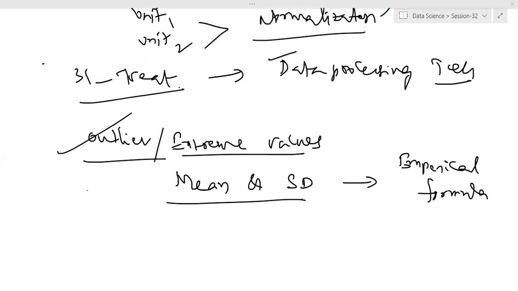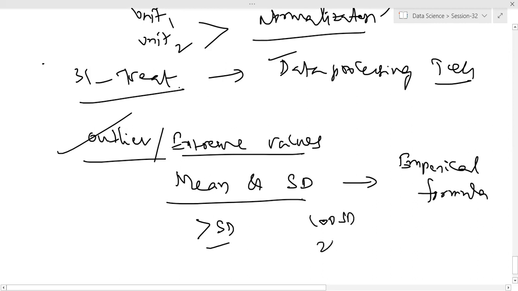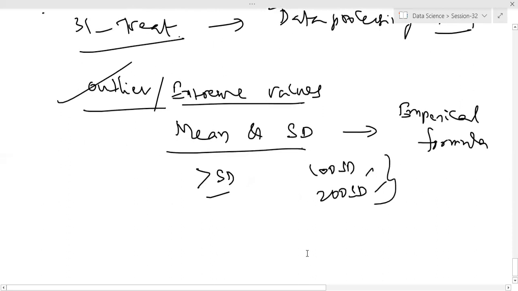While working with outliers, if you want to observe whether your data presents outliers or extreme values, use mu and standard deviation for outlier detection. If you are getting a very large standard deviation, maybe 100 or 200, definitely the data is behaving oddly, so you can catch hold of your data and revise it.